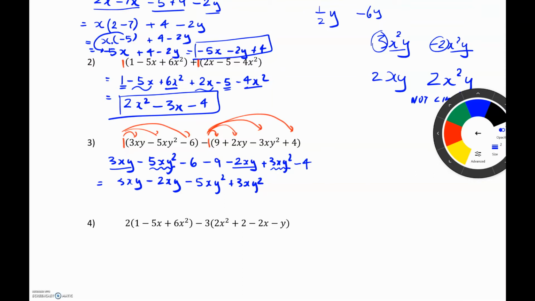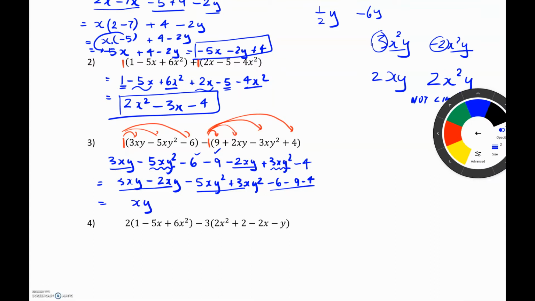And then finally, for the constants, we have negative 6 minus 9 and minus 4. So again, we could combine the like terms using the distributive rule and common factoring, but in any case, this will work out to 3 minus 2, which is just going to give us a 1xy, or just xy.